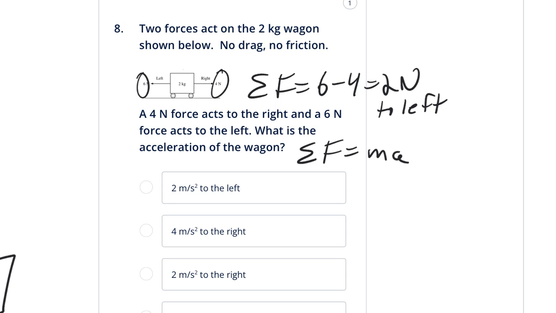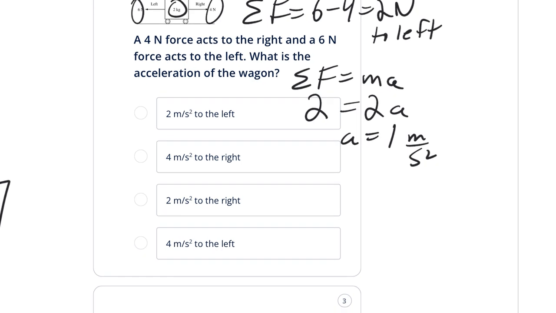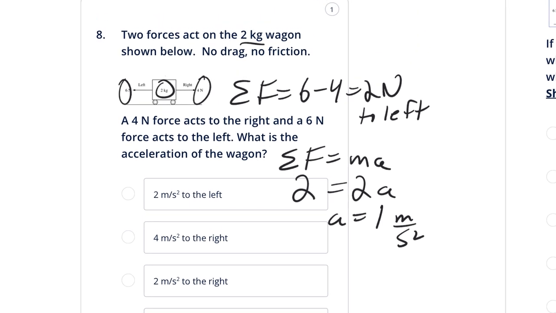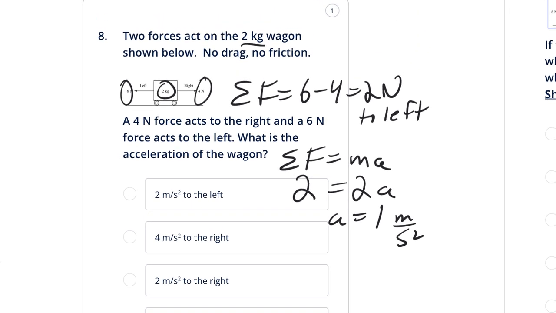Okay, so what's the acceleration? So we'll put the 2 from what I just solved. The mass of the block is 2, as you can see right there. Times acceleration, therefore equals 2 over 2 is 1 meters per second squared. Now, whoa, what did I do wrong? 6 minus 4 is 2.